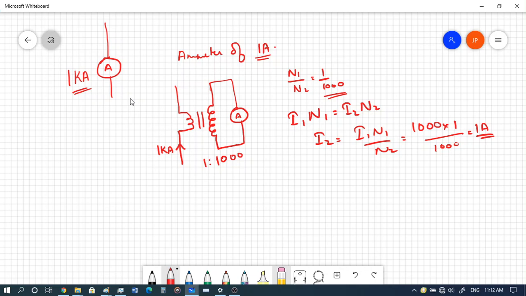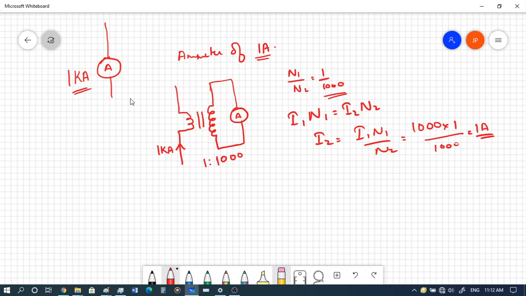Now let's also look at what is the power loss. Power loss in the sense, if we connect a meter with a parallel shunt resistance.